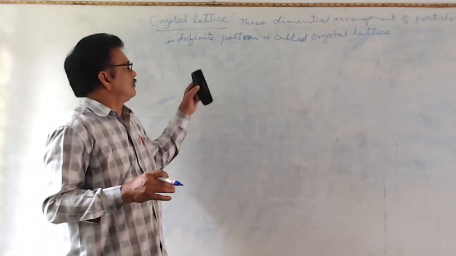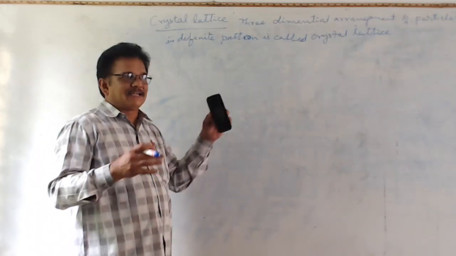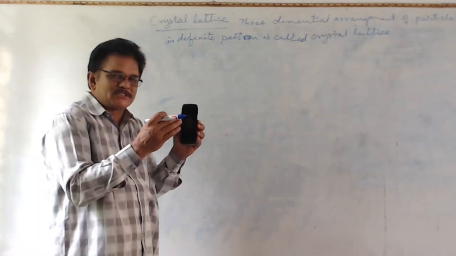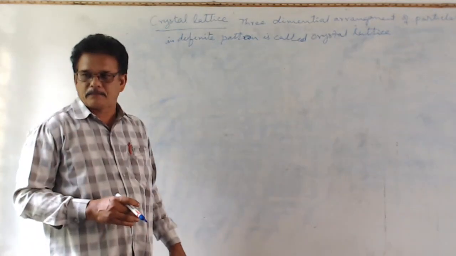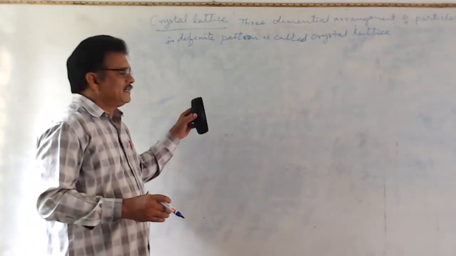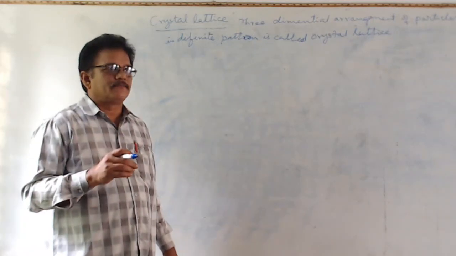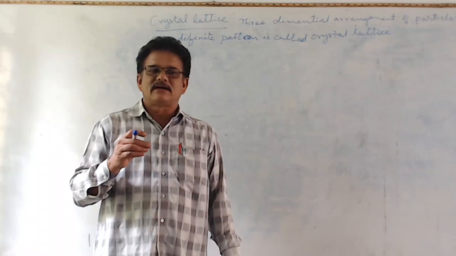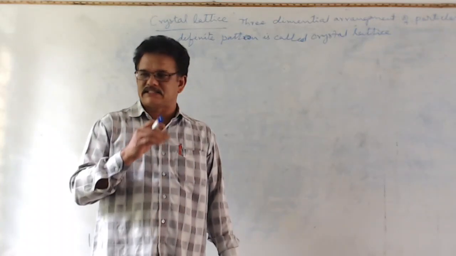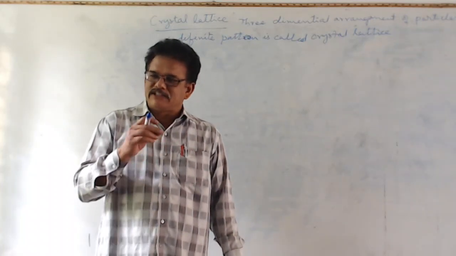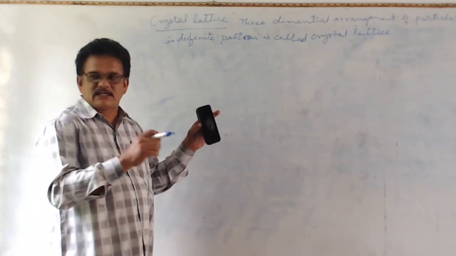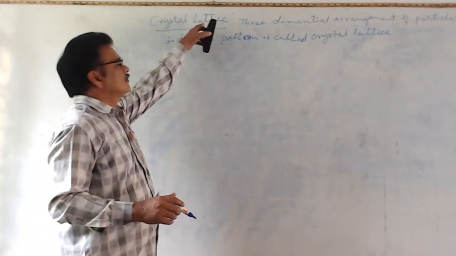So due to these interparticle forces, these particles are closely packed together. The points which denote the particles are called lattice points or lattice sites. If we join these lattice points with straight lines, we get the structure of the crystal lattice.